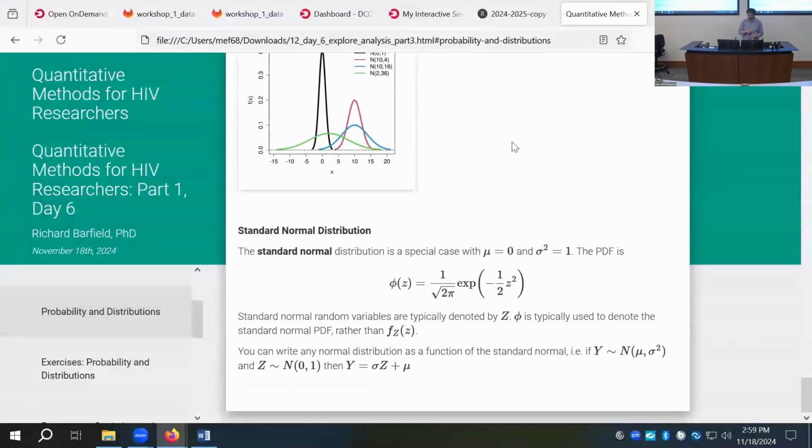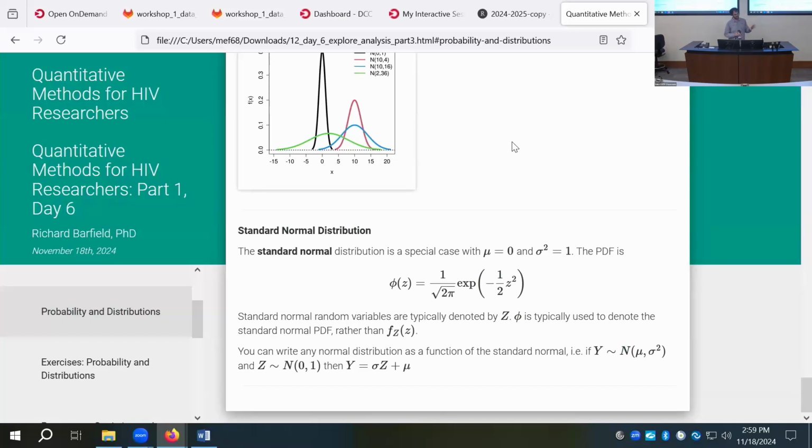And then something else you often hear is the standard normal, which is basically that black instance up there, where it has mean 0 and variance 1. This is typically denoted by Z, and phi is typically used to denote the standard normal PDF.